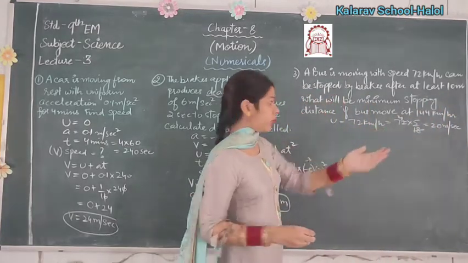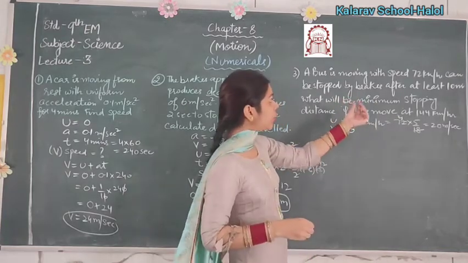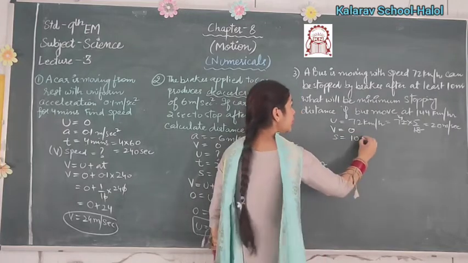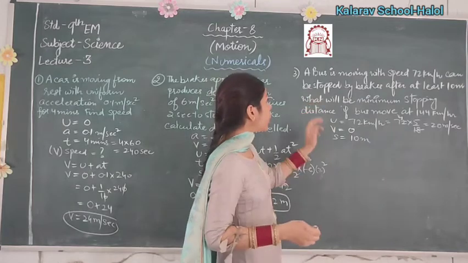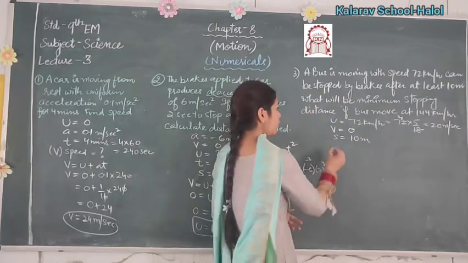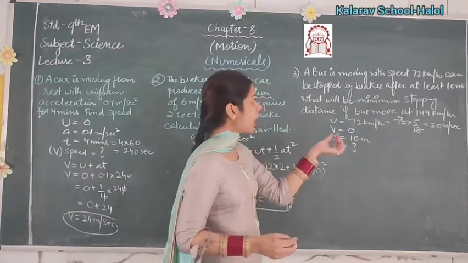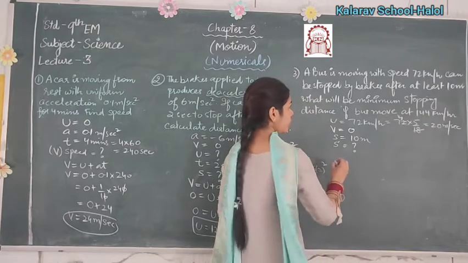Can be stopped, which means the final velocity is 0. After at least 10 meter, so s is 10. What will be the minimum distance? So we have to calculate next distance when the bus moves at 144 kilometer.